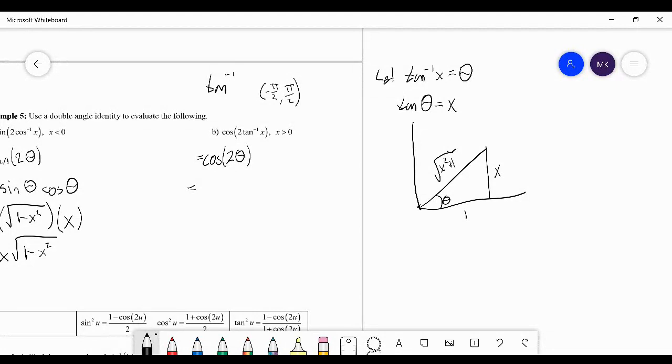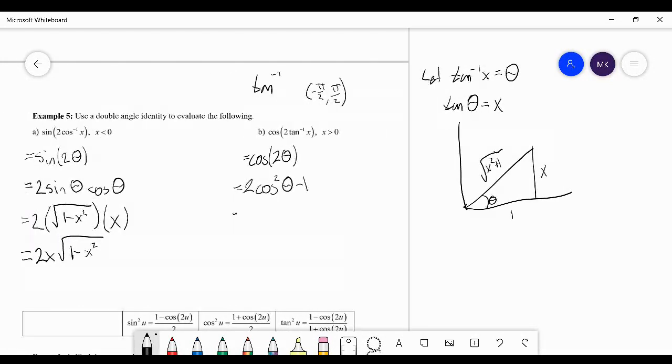Now we use the double angle formulas to say that this is equal to 2 cosine squared theta minus 1, which is equal to 2 times 1 over square root of x squared plus 1, minus 1.